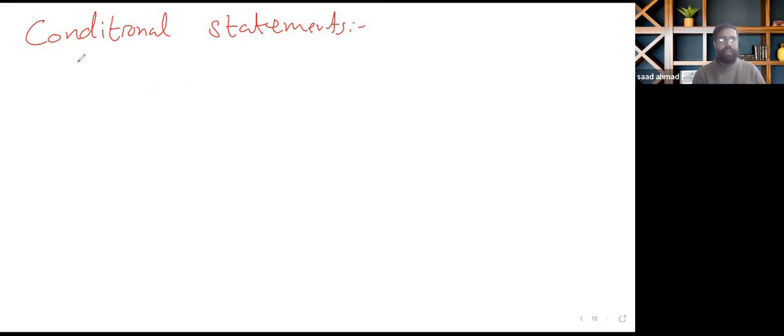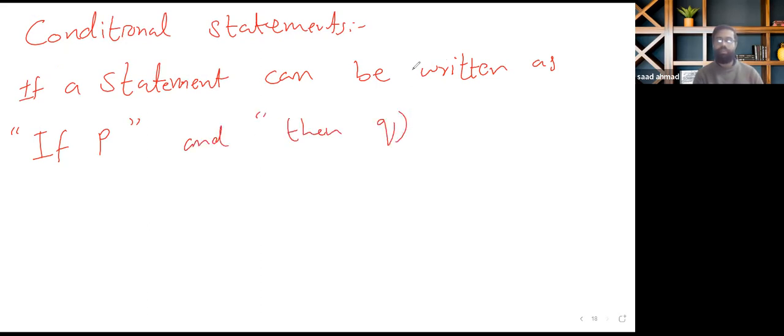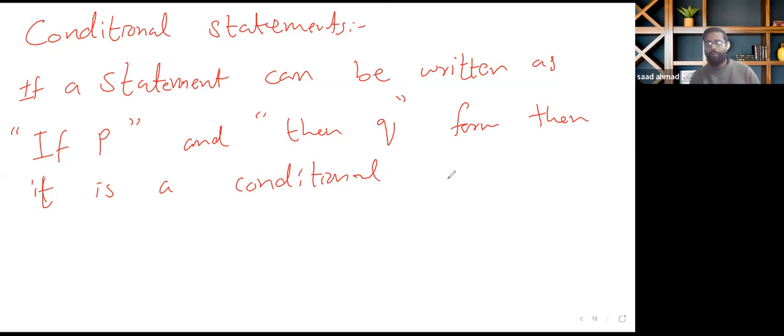So if a statement can be written in the form if P, then Q, then it is a conditional statement.